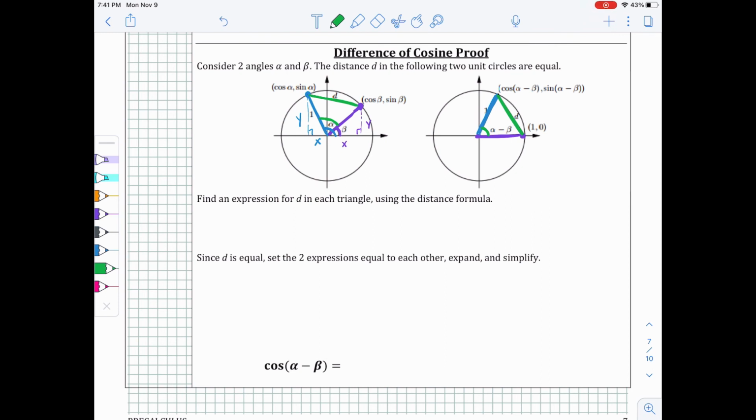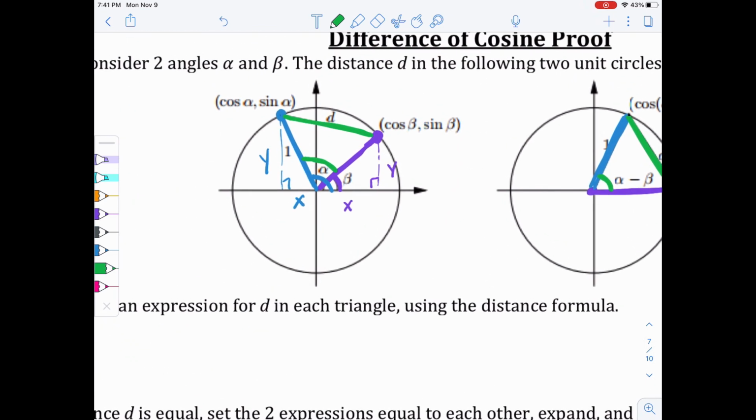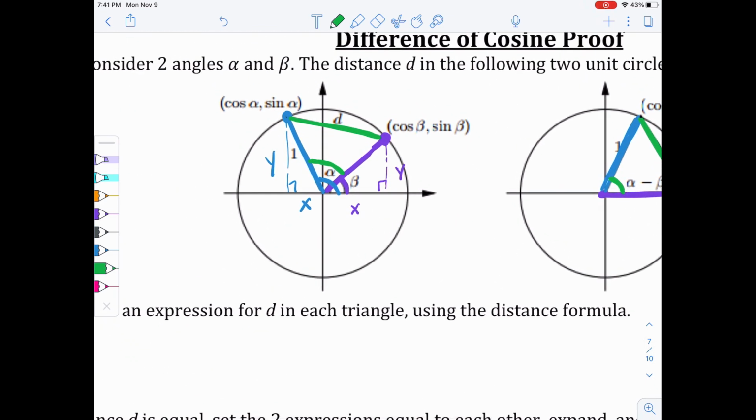So what we're going to do now is use the Pythagorean theorem and the idea of using a right triangle to find the expression for the distance d.